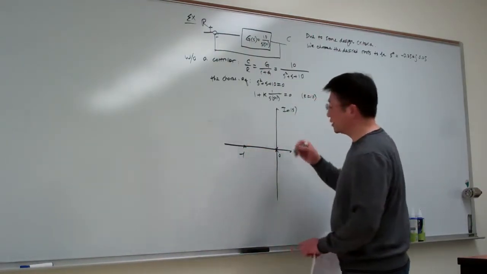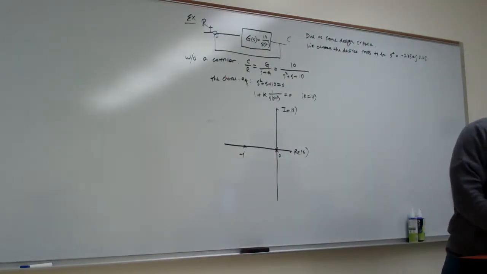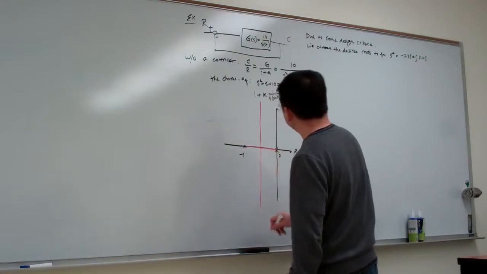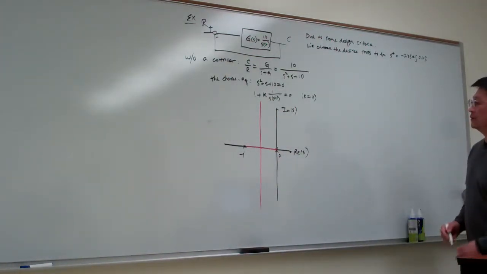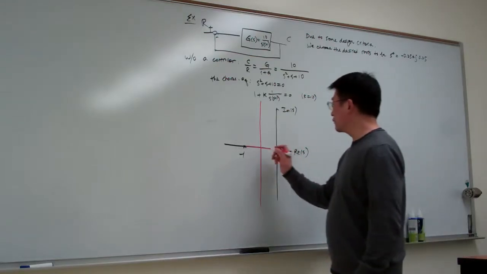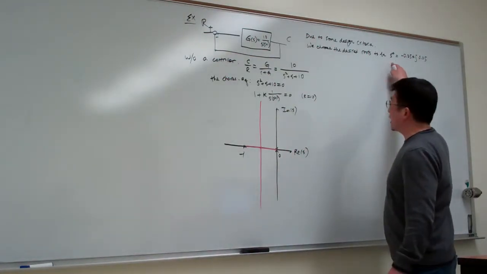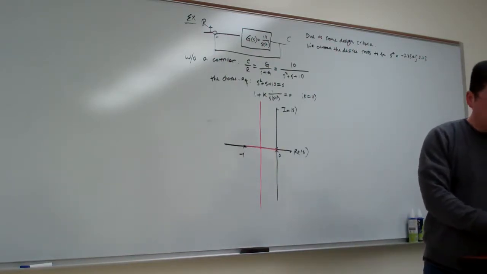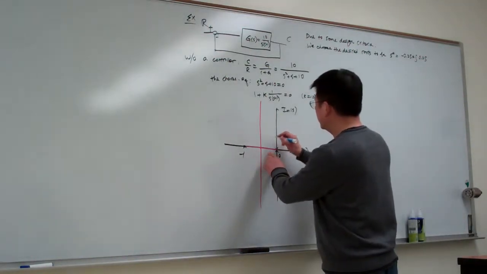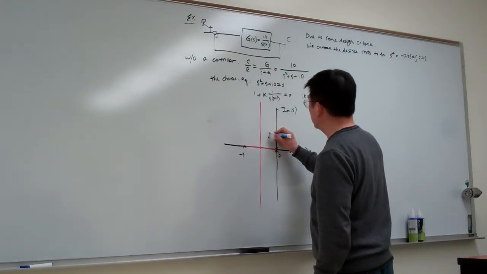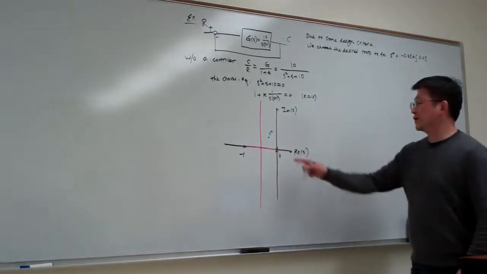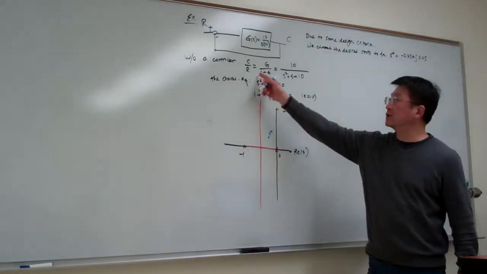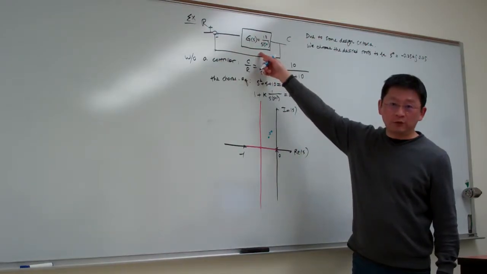The root locus is this. This is minus 0.5 here. The desired point is located here. So this is our desired point, and the red one corresponds to unity feedback control without a controller.